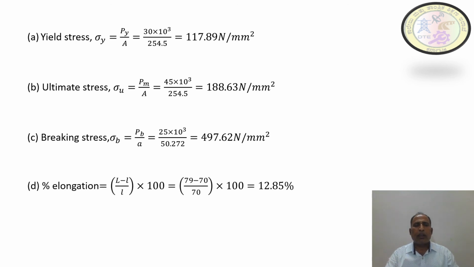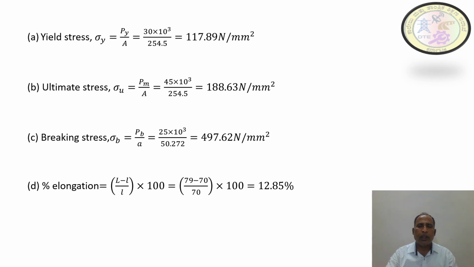Then percentage elongation. As you know, the percentage elongation is the ratio of total extension by gauge length into 100, that is capital L minus small l, the total extension, divided by gauge length, into 100. Final length is given in the problem directly, that is 79 minus original length, or the gauge length, 70, divided by gauge length 70, into 100.